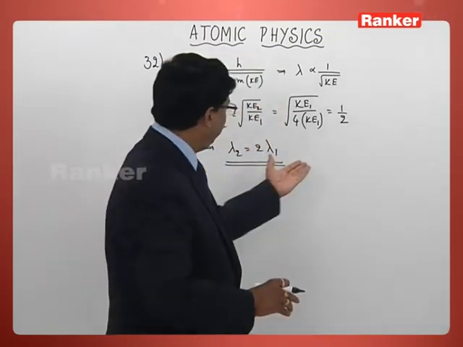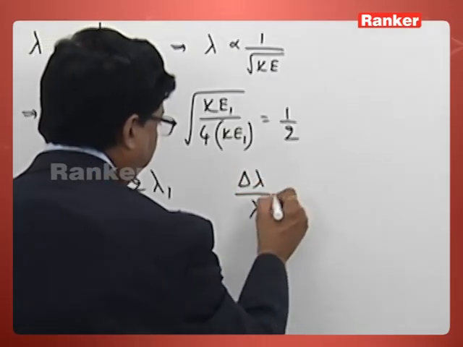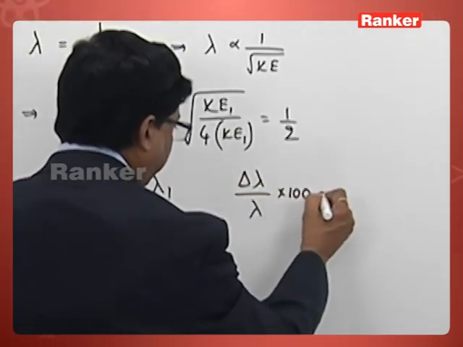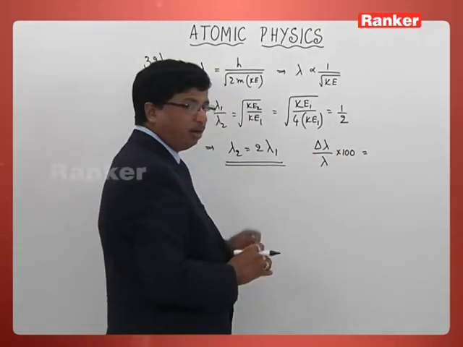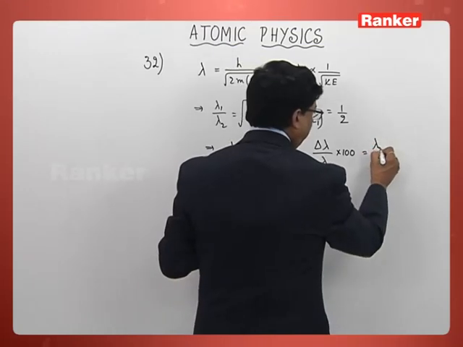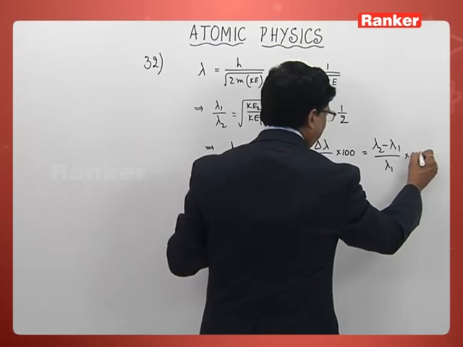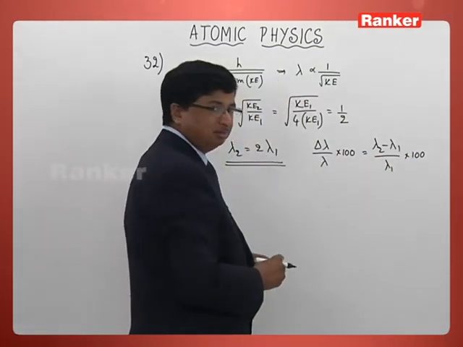So you can even calculate this way also. Delta lambda by lambda into 100 will be the percentage variation there. What is delta lambda to be taken as? Lambda 2 minus lambda 1 by lambda 1 into 100. But all these need not be written.